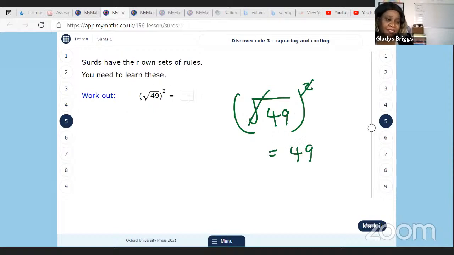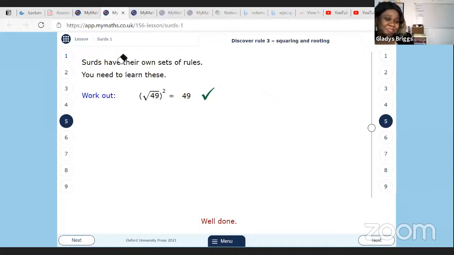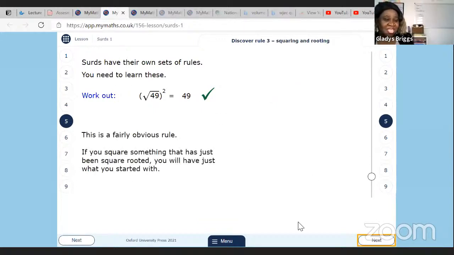Should we try that? I honestly feel scared when I'm pressing that button because I'm thinking, what if it's wrong? Just like all of you. But you just have to keep on trying it. If you square something that has just been square rooted, you will have just what you started with.